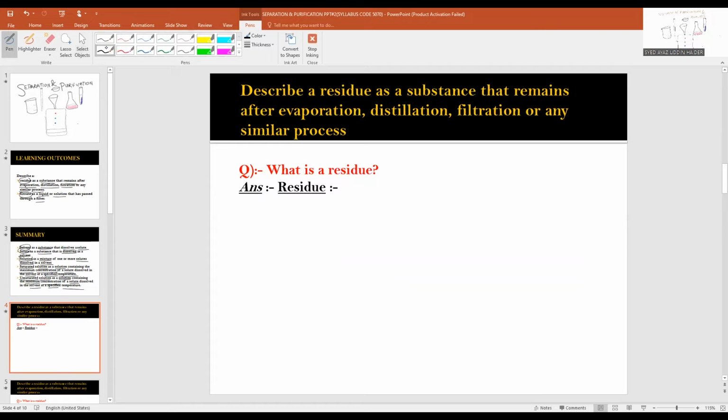Let's continue. Let's start with the definition of residue. What is a residue?